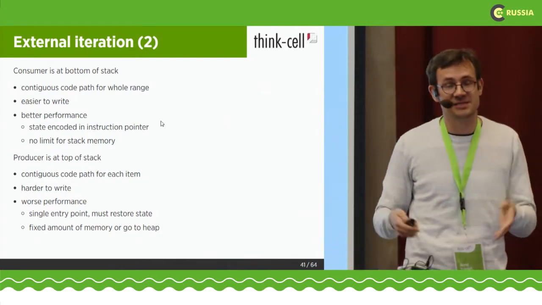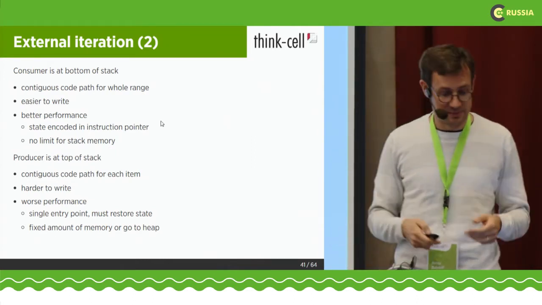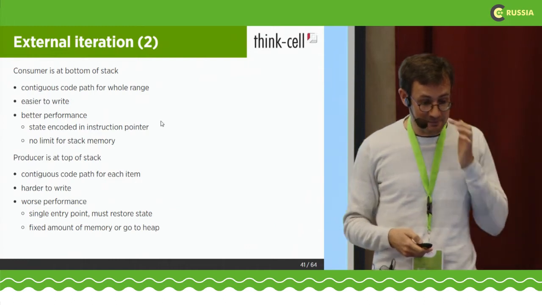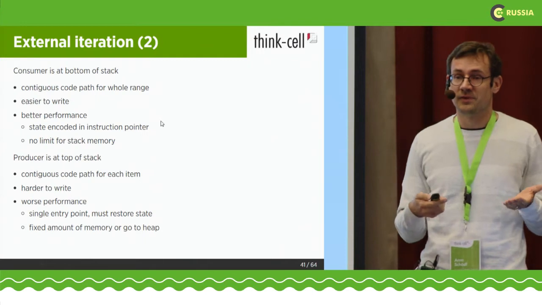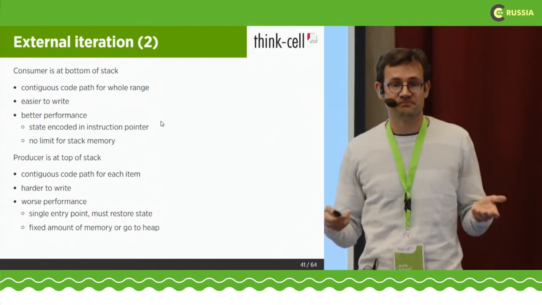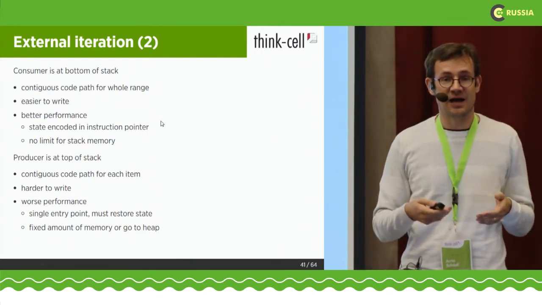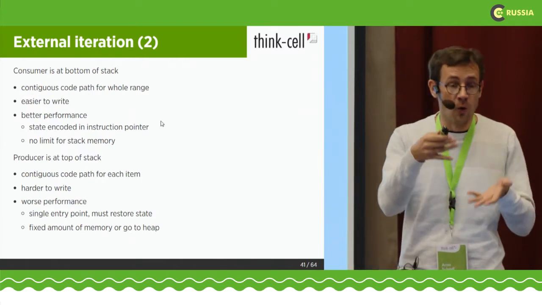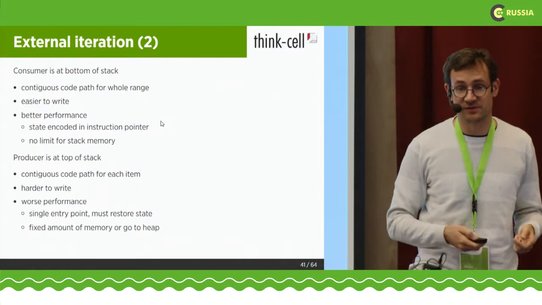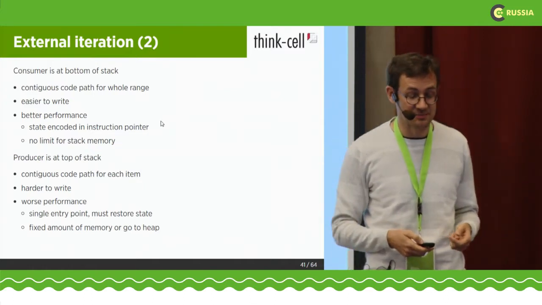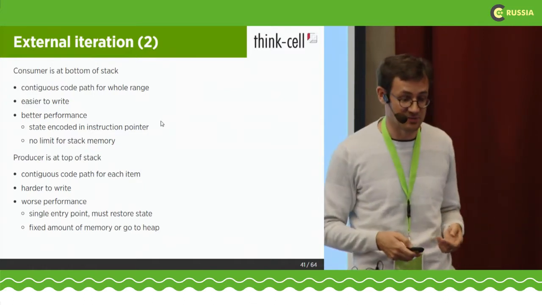Well, writing an iterator for that would be quite a bit harder. And you can only remember so much inside your iterator. You have a fixed amount of memory, or you have to actually go and allocate the memory on the stack, which is somewhat inefficient. That's a problem you don't have when you sit at the bottom of the stack.